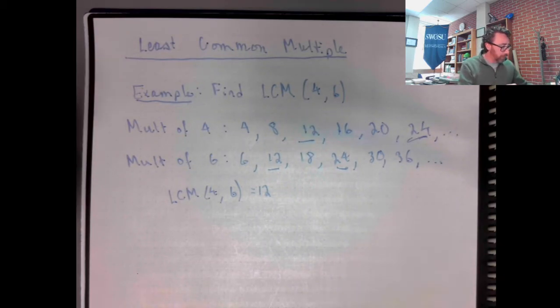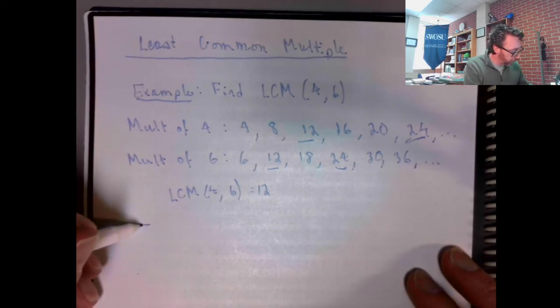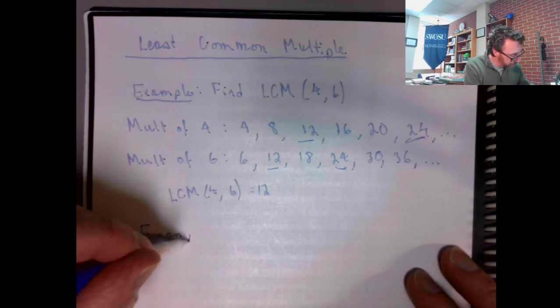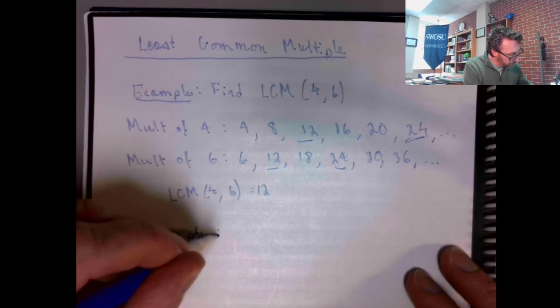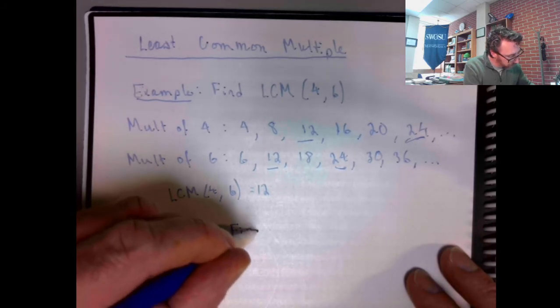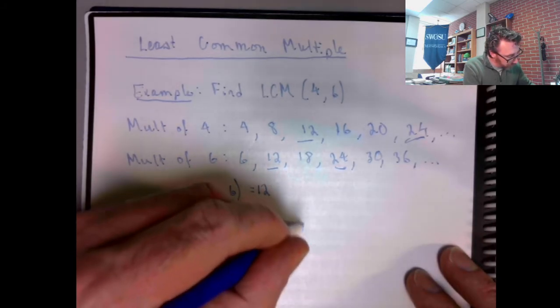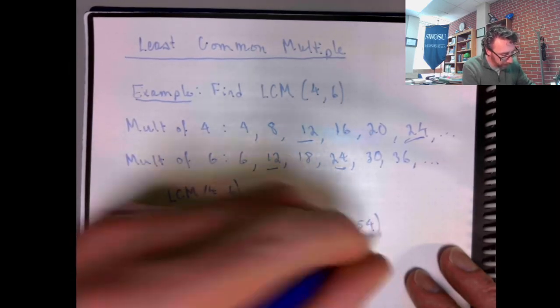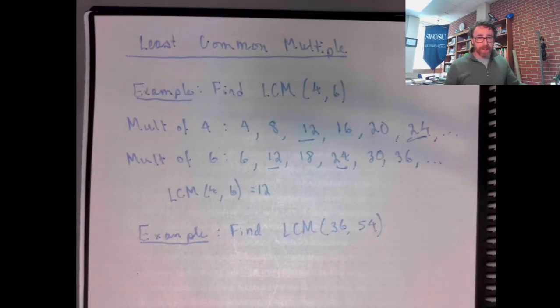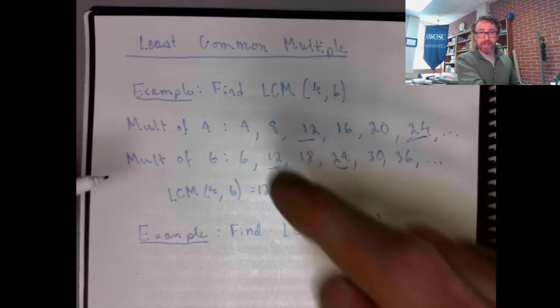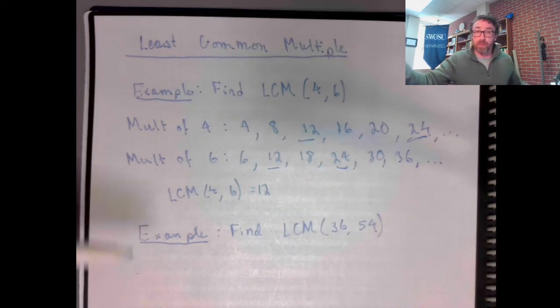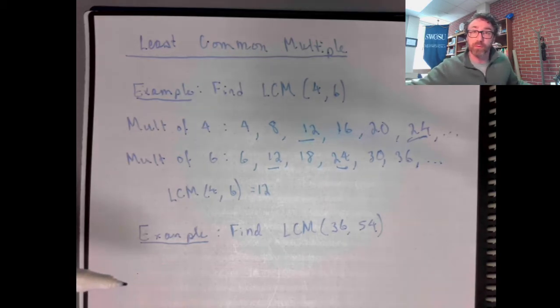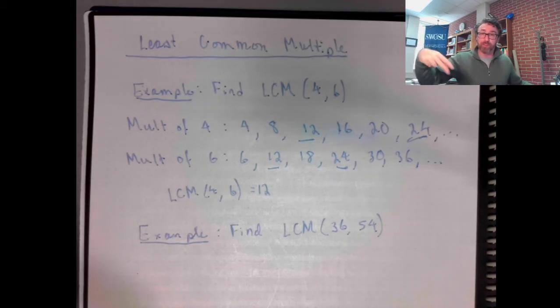Okay, so let's do that with a different pair of numbers. Find the LCM. Let's do 36 and 54. Okay, now we could do this the same way. We could just write out multiples of 36 and write out multiples of 54 and look for something that's common to both of them and find the smallest such number.